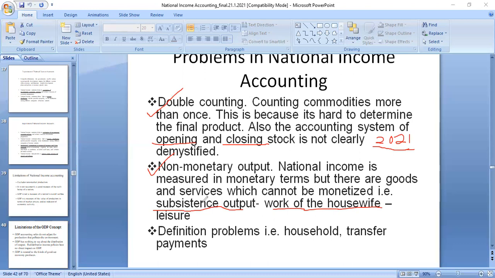So depending only on the monetary value of final goods and services does not really bring out the clear picture, right? And then we have definition problems of household: what a household is, what transfer payments are. So those are some of the problems of national income accounting.